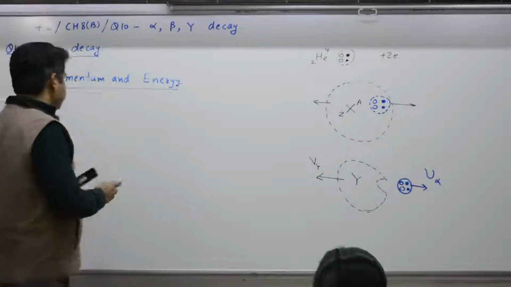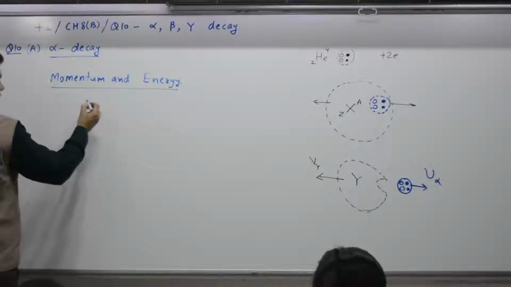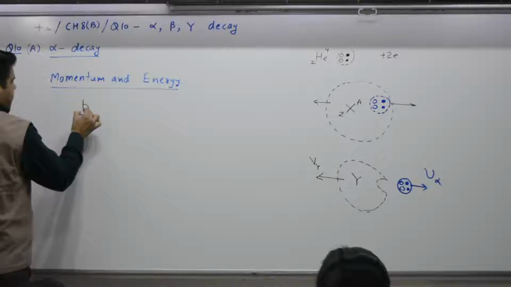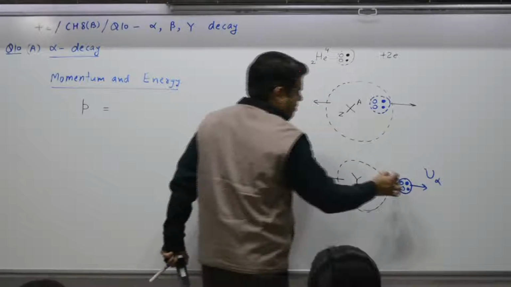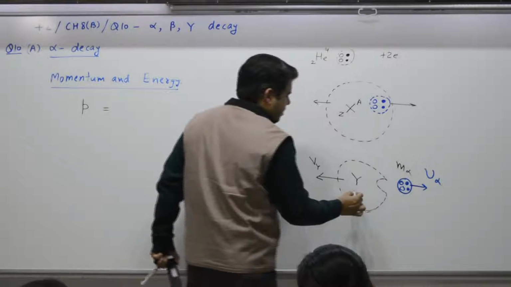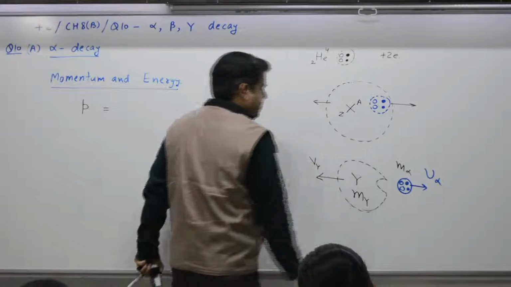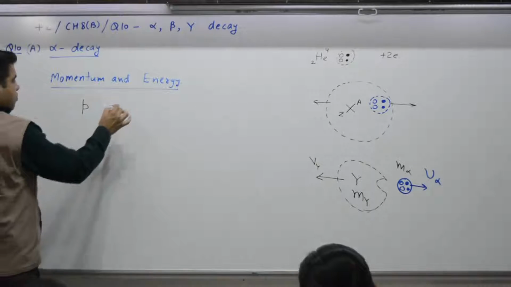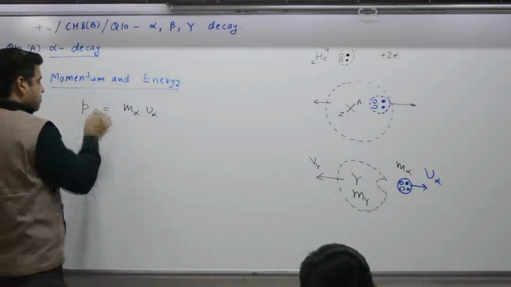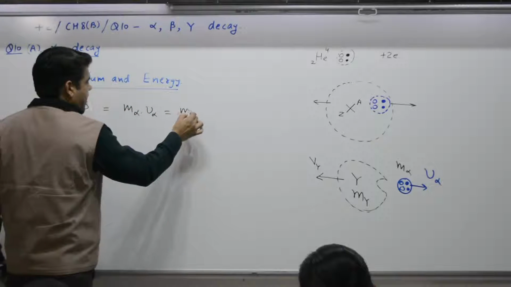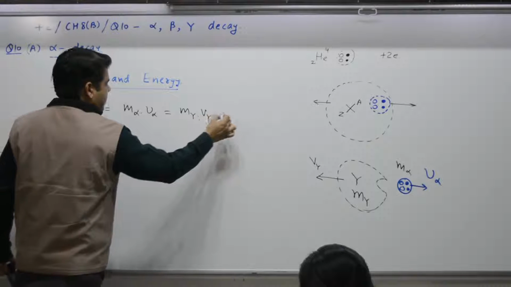So as per the law of conservation of momentum, the magnitude of momentum p is equal to what? Mass of alpha, mass of Y. So momentum m alpha v alpha, magnitude wise, is equal to what? M_Y v_Y.